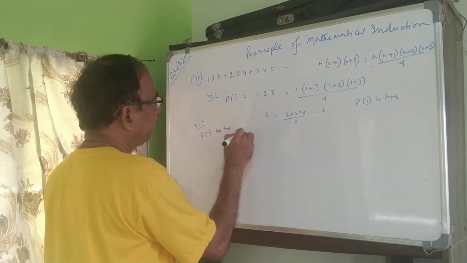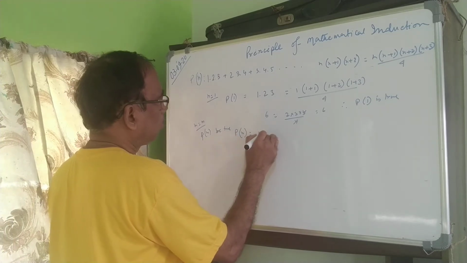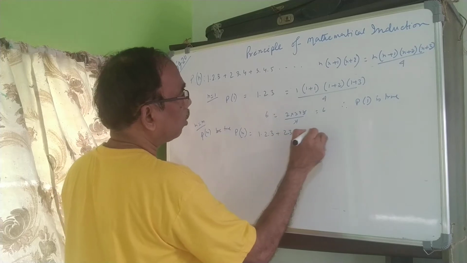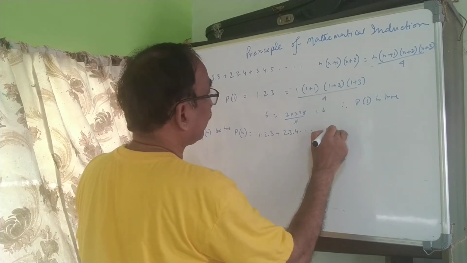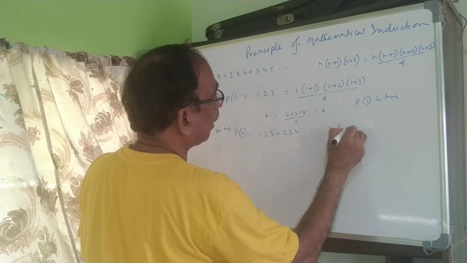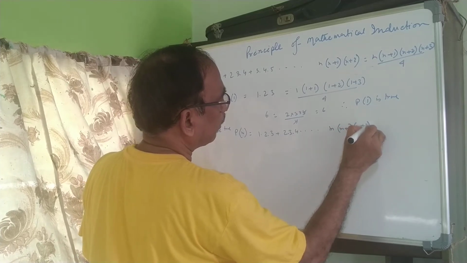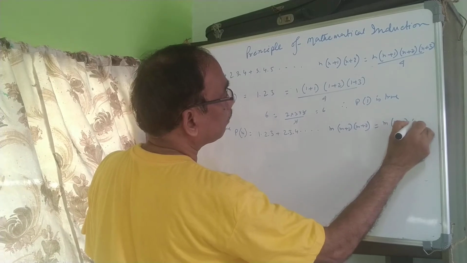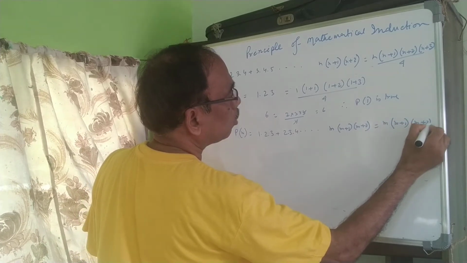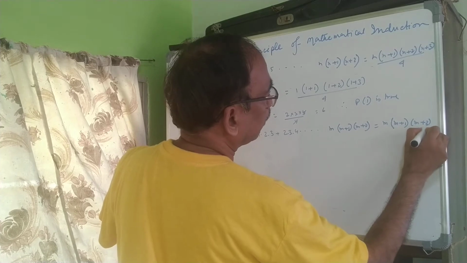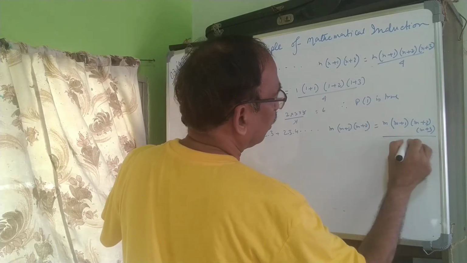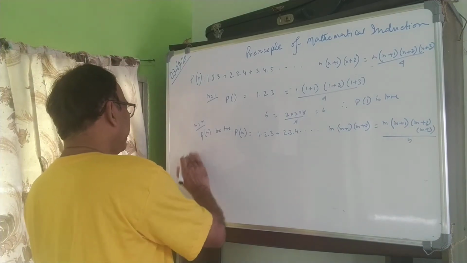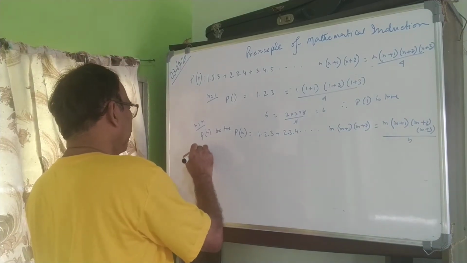Then Pm equals 1 into 2 into 3 plus 2 into 3 into 4 plus dot dot dot plus m into m plus 1 into m plus 2 equals m into m plus 1 into m plus 2 into m plus 3 over 4. Then put n equals m plus 1.